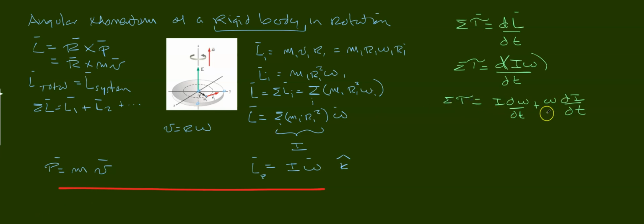But I is constant, so the second term doesn't exist. So the torque is I times d omega/dt, which is I alpha, something we knew from previous videos. When you look at this equation, it's telling you that you need an external torque to accelerate this mass. From this perspective, you need an external torque to change your angular momentum.